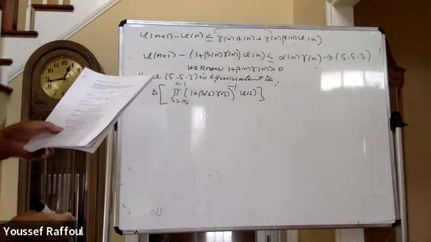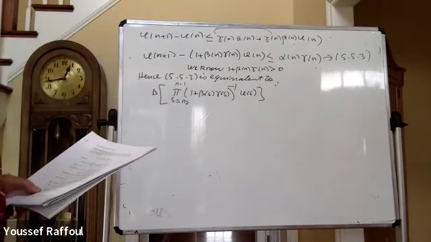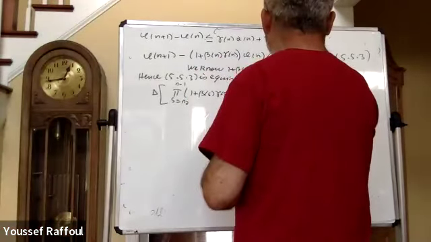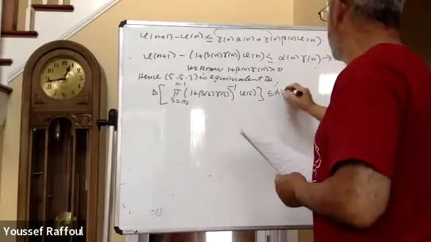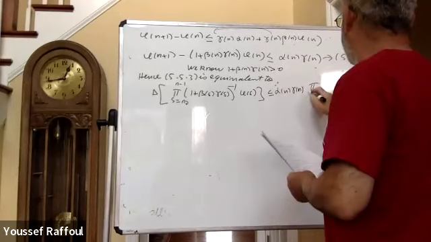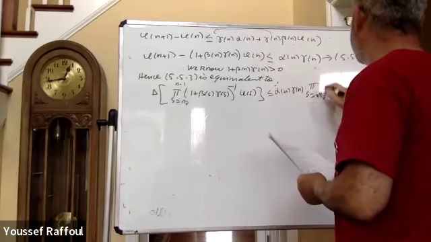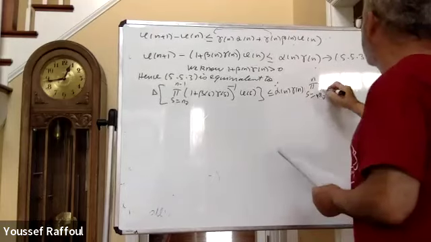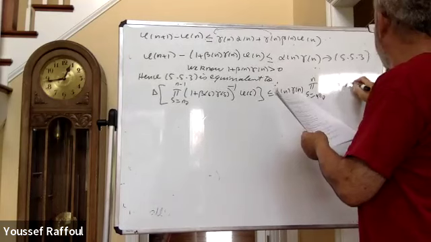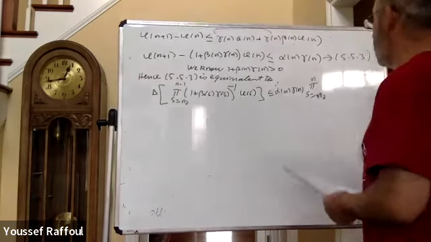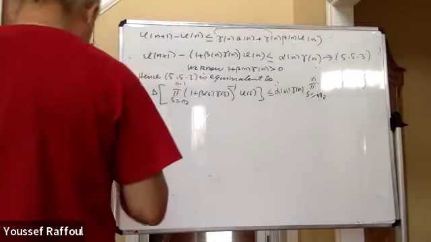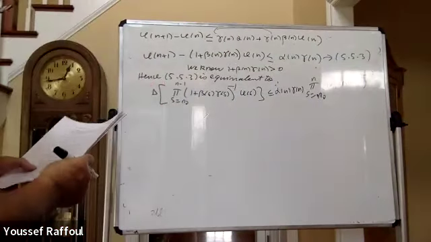okay, is less or equal to here alpha n gamma n s. We've done something like this before. 1 plus beta s gamma s to the minus 1. Okay?